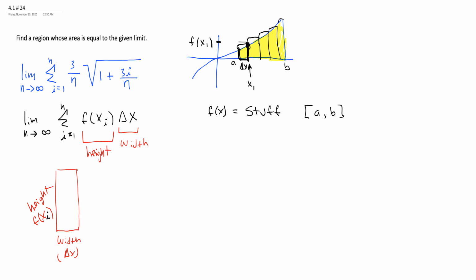If you say it generically, you're going to say x i. Specifically, that's x1, and over here would be x2. So it's all the right sides of your rectangles. Okay, so this right here is not any x value, it's a special x value. And in our case right now, it's going to be the right side of your rectangle.